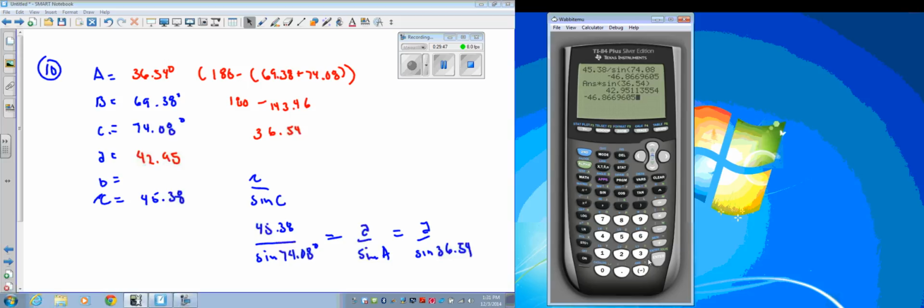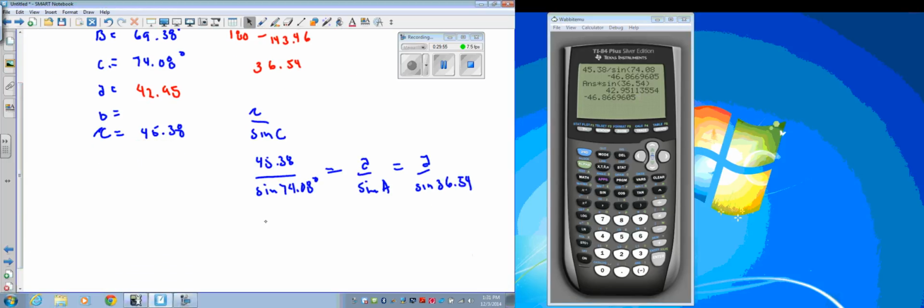Then you don't have to put all that stuff in again and again, if you think about it, because this next one down is going to be this 45.38 sine of 74.08, which we've already calculated.